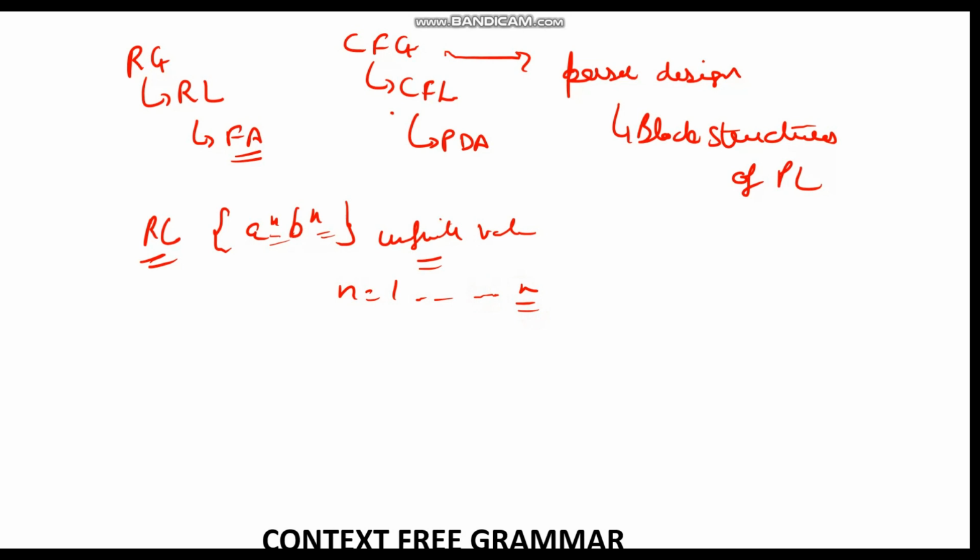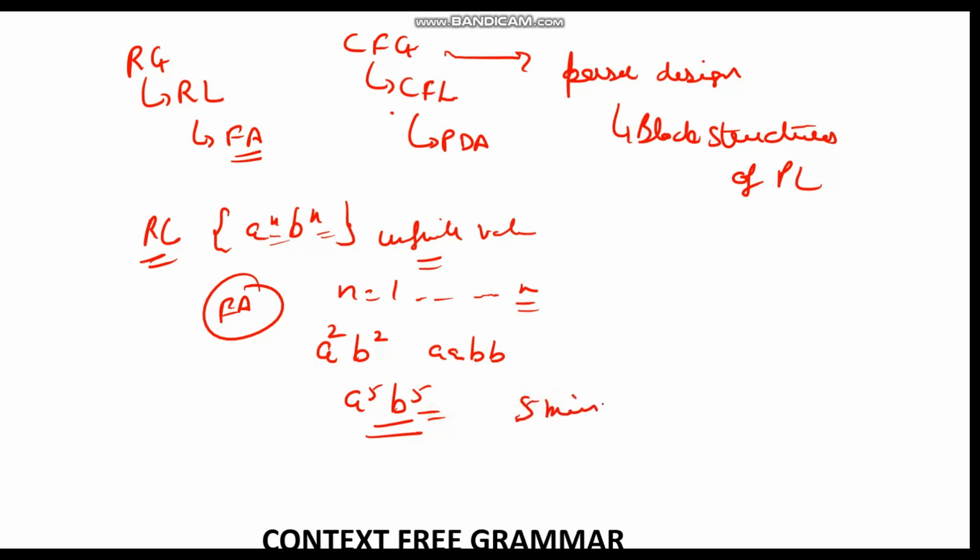and we want to generate this language using finite automata, it is not at all possible, because finite automata has limits. Suppose the value of n is equal to 2, a raised to power 2, b raised to power 2, that is 2 times a and 2 times b, or a raised to power 5, b raised to power 5. This can be designed using finite automata, because here we can specify for the value 5 we will have minimum 5 states. So we have a finite number of states, as the name finite automata is self-descriptive.